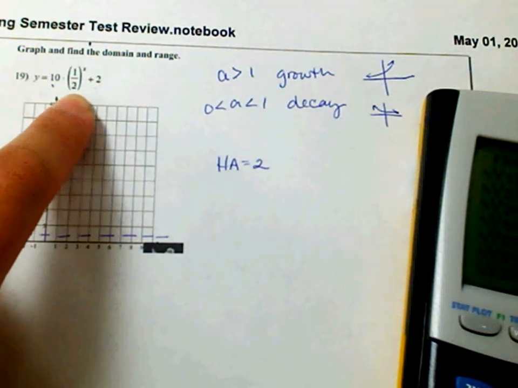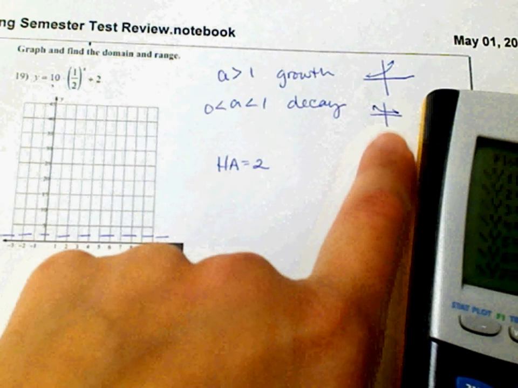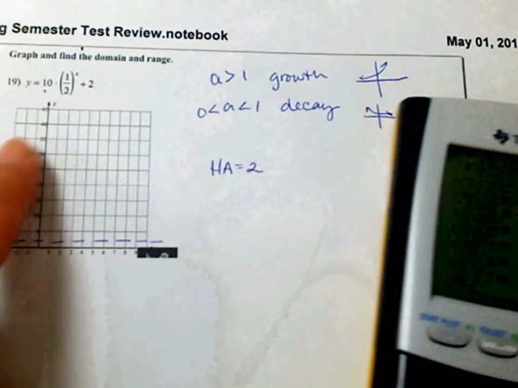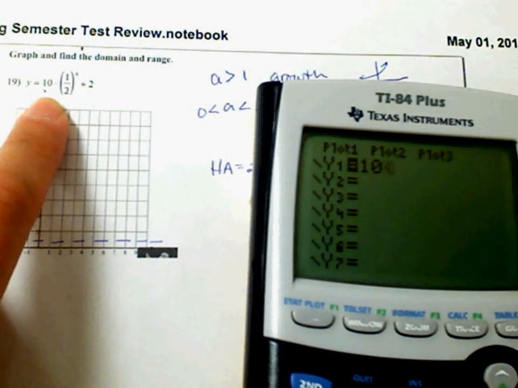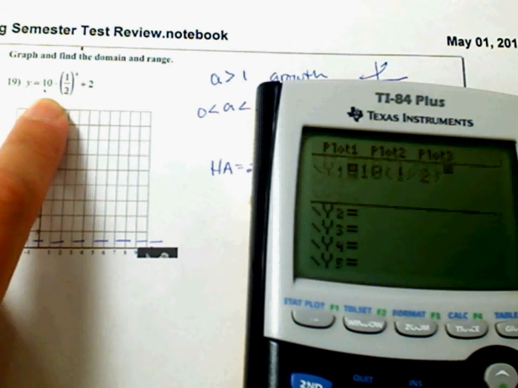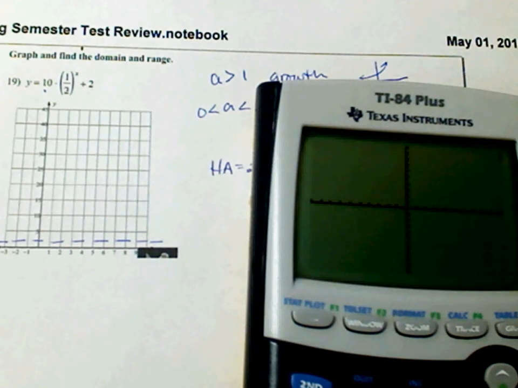So on your calculator, you can go 10, parentheses, 1 divided by 2, okay? With an exponential, right click, plus 2, and hit graph. Now, as you can see, it's approaching 2, but it never crosses 2.